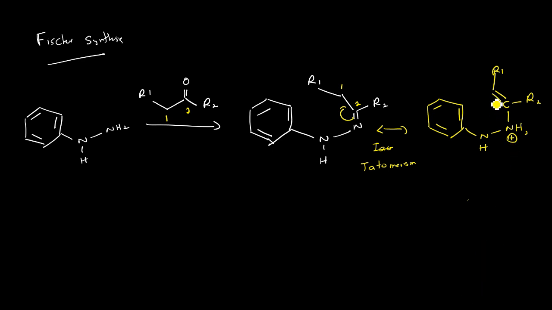Then a cyclization would happen here. This comes here, this goes here, and this bond over here breaks. So the result would be like this. Here we have the benzene ring, and a new bond is formed between this carbon and this carbon.